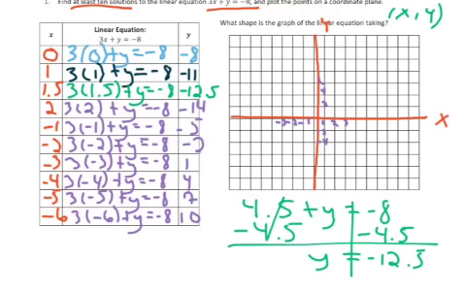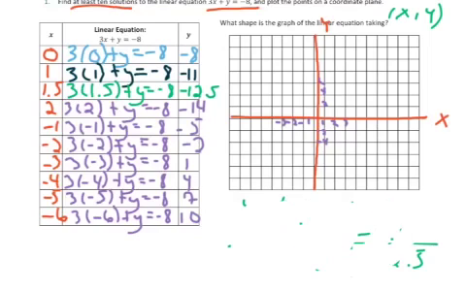So for the first one, I would plot 0. I'll write it down here for you to see. The first ordered pair I would plot would be 0, negative 8. So if I plot the ordered pair 0, negative 8, 2, 4, 6, 8, it would be somewhere right around there.